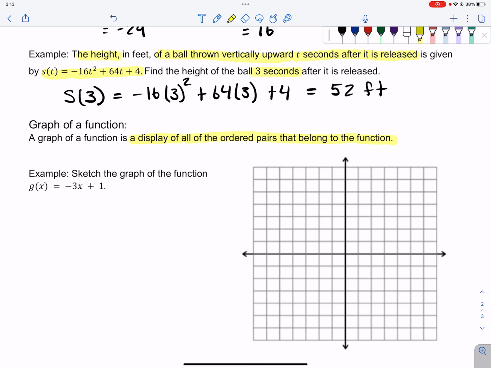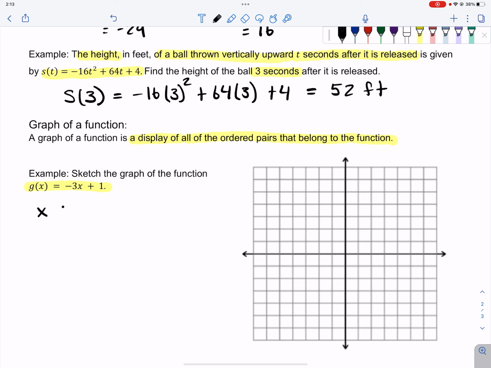For this example, we want to sketch the graph of g of x equal to negative 3x plus 1. And with functions, if we don't know what the graph is going to look like, we don't have any techniques or any special knowledge about what that graph should look like, one thing that we can do is create a table for different values of x and y.